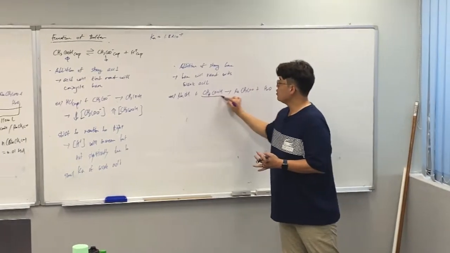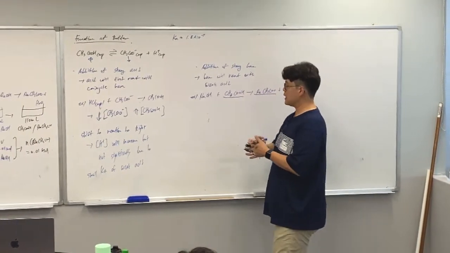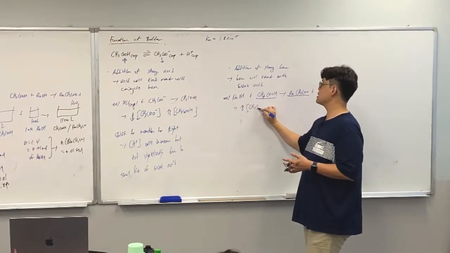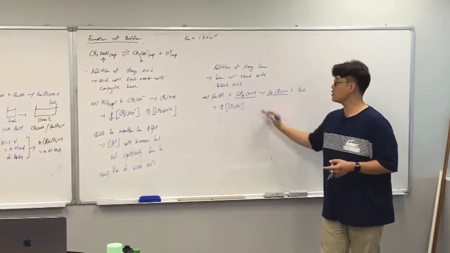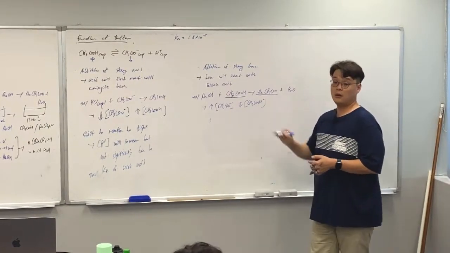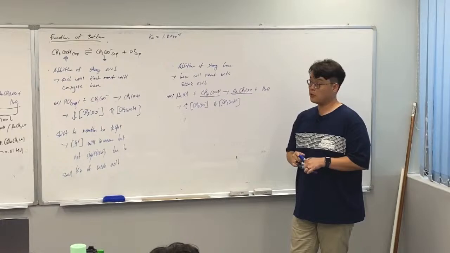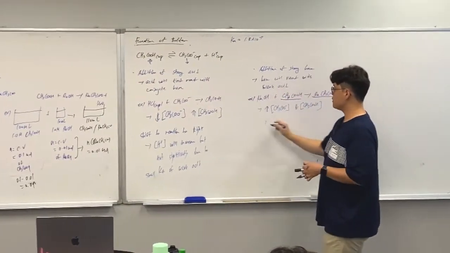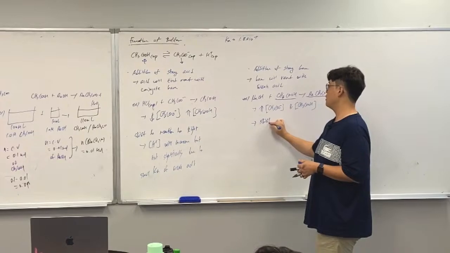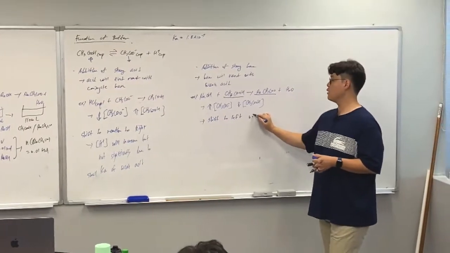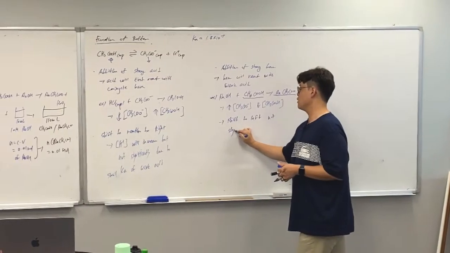So what does it do? It will increase the concentration of the acetate, but it also decreases the concentration of the acetic acid. Does it make sense up to here? As a result, it will make a shift to the left, but not significantly.